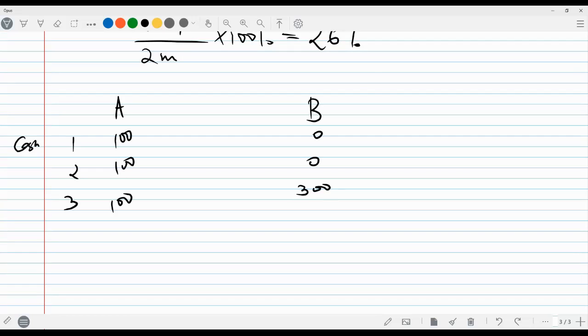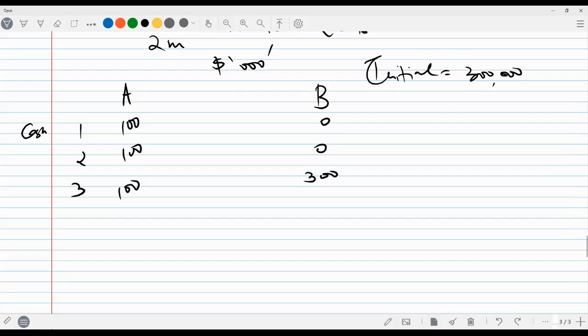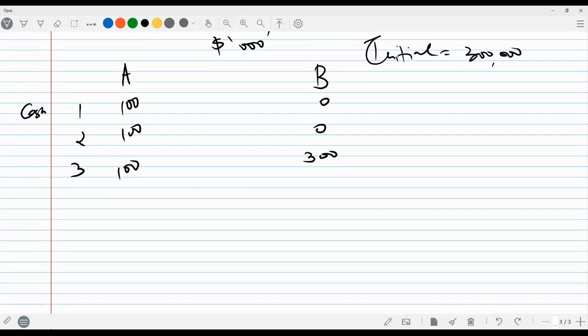What's the payback if the initial cost is, let's say, 300? What's the payback for A? That's very easy, 3 years. For B? 3 years. They both have a payback of 3 years.